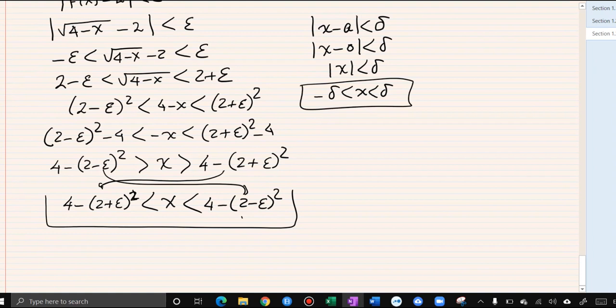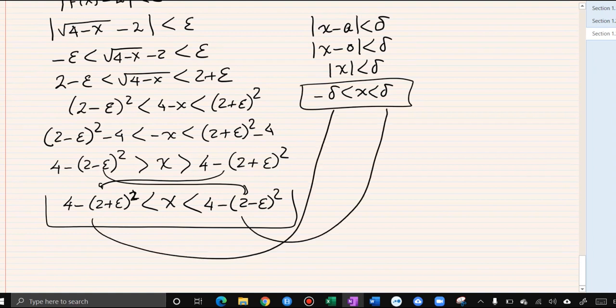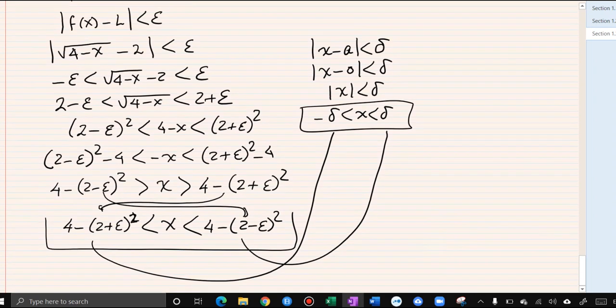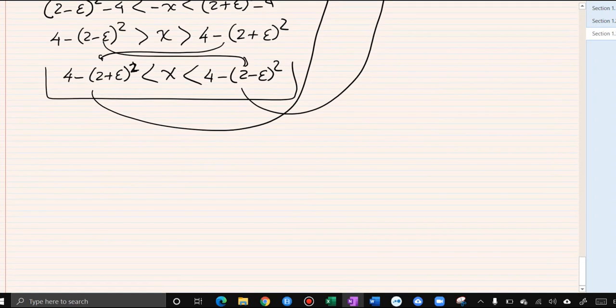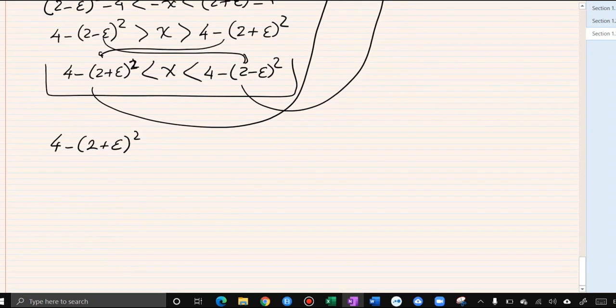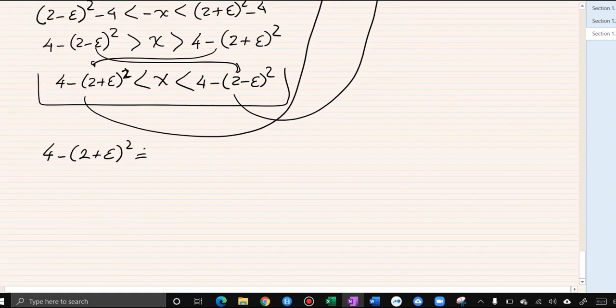At this point again, we're going to do the same thing. We're going to equate the upper and the lower parts of this, and it's going to look like so. The lower part is 4 minus (2 plus epsilon) squared. We're going to set it equal to the lower part of our delta tolerance.